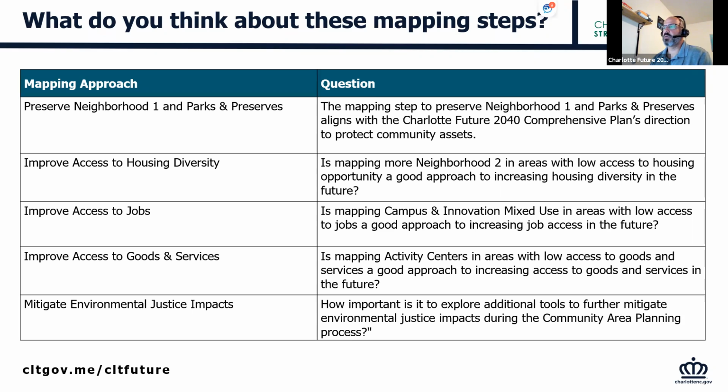We know there are some tweaks here and there, specific locations that we're going to have to make, but overall, did this approach take into account the policies from the comprehensive plan, which reflected the community's vision, and is it in the right direction? That's what all these different poll questions have to do. We try to divide it by different categories: housing diversity, jobs, access to goods and services, and ways of mitigating environmental justice impacts.